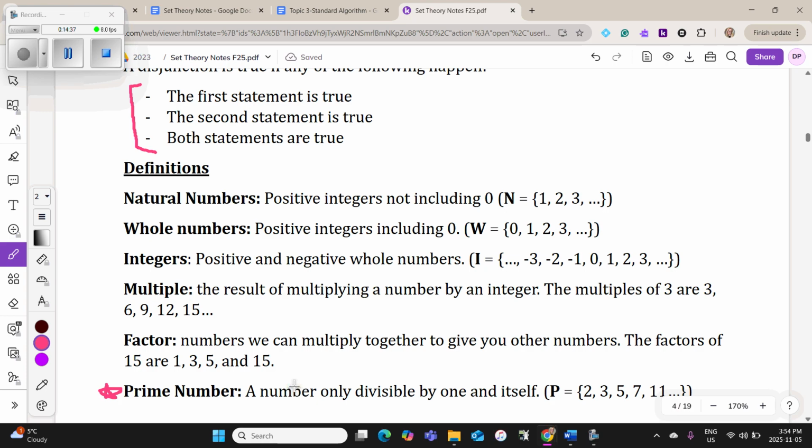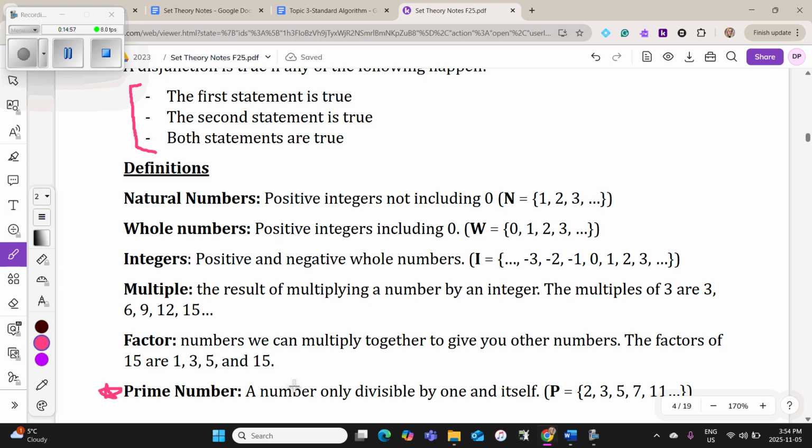So 0, 1, 2, 3, all the way up, all the numbers. And then integers, one step further, now it's our whole numbers, but it's also any negative whole numbers. So -3, -2, -1, 0, 1, 2, 3, but no decimals are involved.